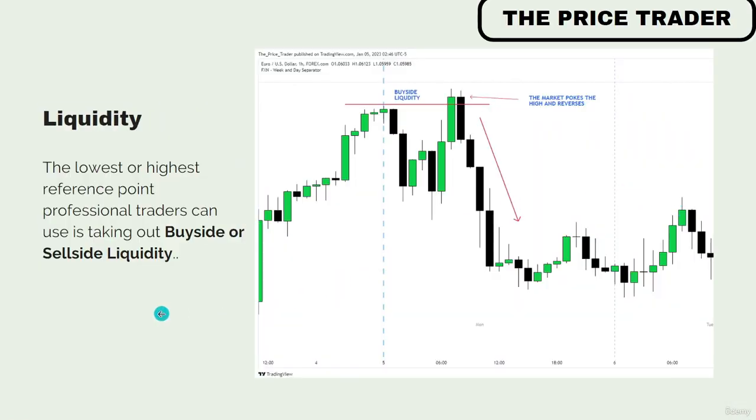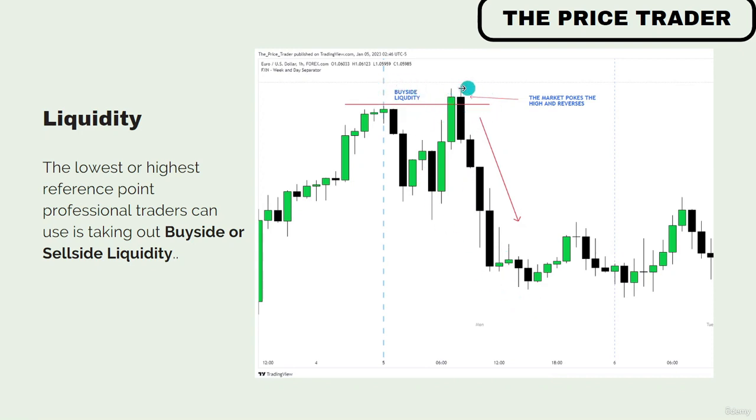Just as an example, we'll be looking at liquidity, which we have already outlined is the lowest or highest reference point within the fair value reference points. In this example, we're looking at buy side liquidity. When I say buy side, it's essentially liquidity that is in premium. When it is taken out, so this high being taken out right here, then the market reverses.